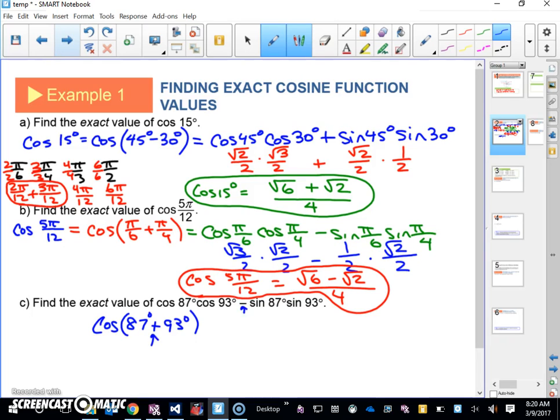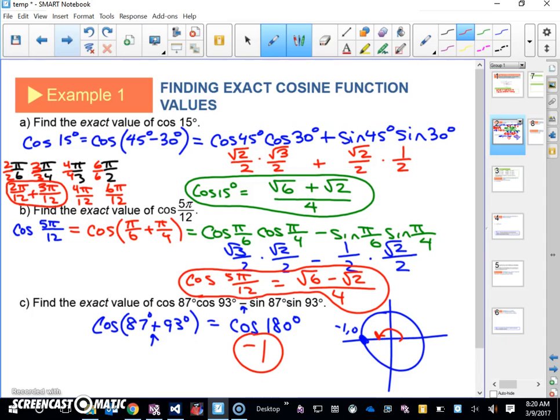So 87 plus 93 is what? 180. I'm looking at cosine 180 degrees. You should know this. 180 degrees puts us over here. I'm looking at the x coordinate of that point at 180 degrees. The x coordinate is -1.